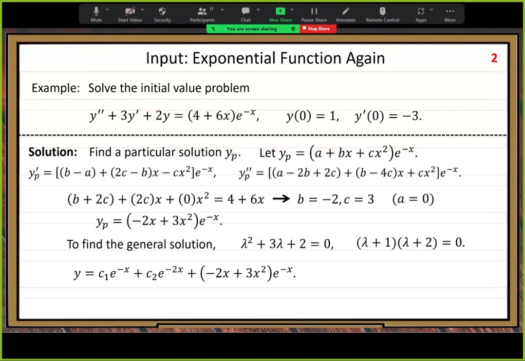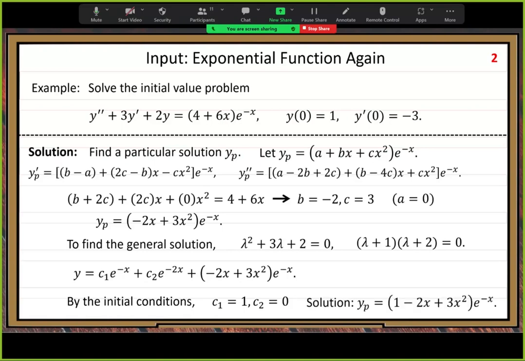All right. Then, with the initial conditions, we can plug in, and after some calculation, we get C1 equals 1, C2 equals 0. So the final solution is this: 1 minus 2x plus 3x squared times e to the negative x.